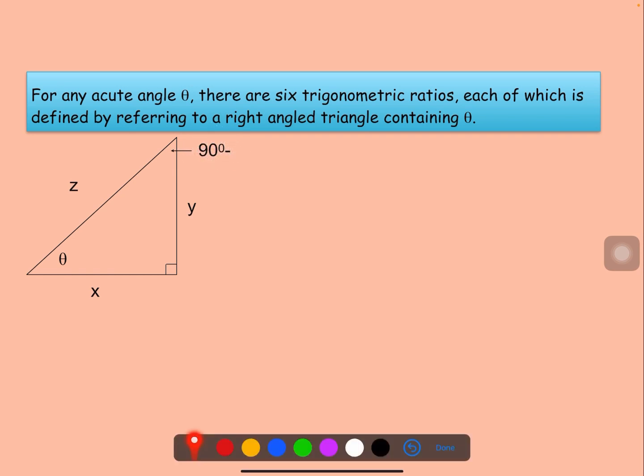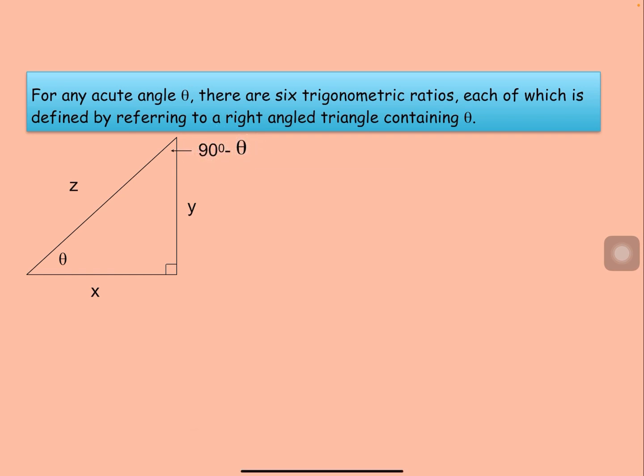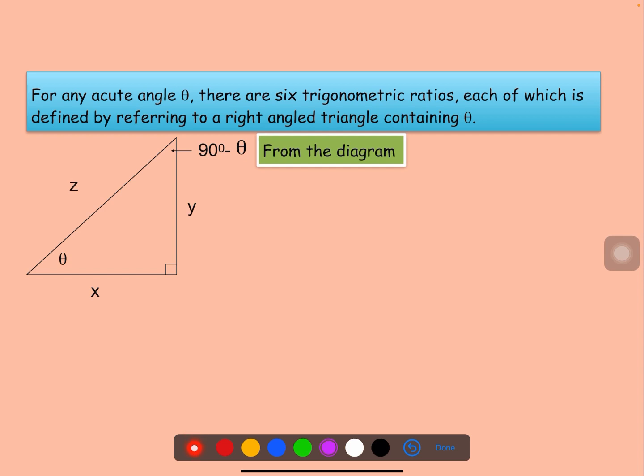So this is theta, the acute angle theta, while this angle must be 90 minus theta. The opposite is y, adjacent is x, hypotenuse is z.